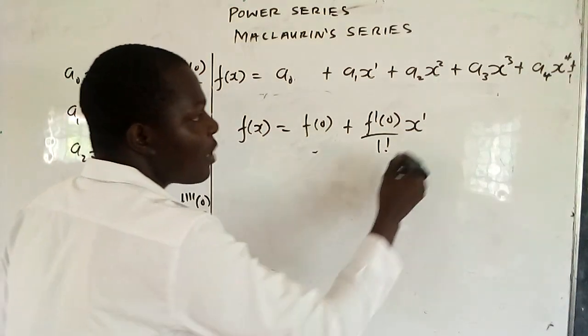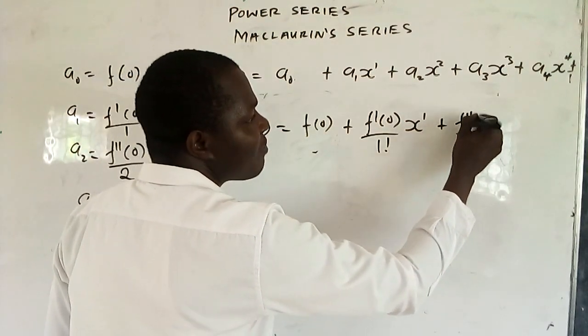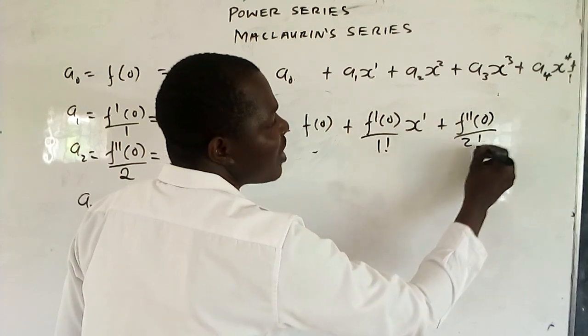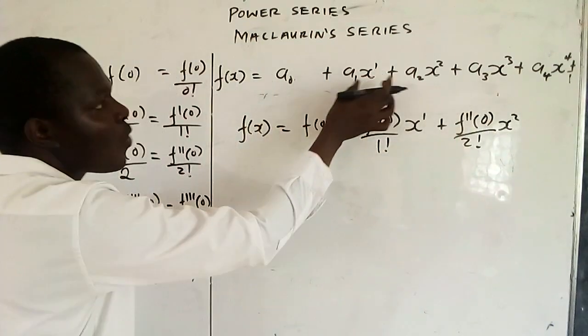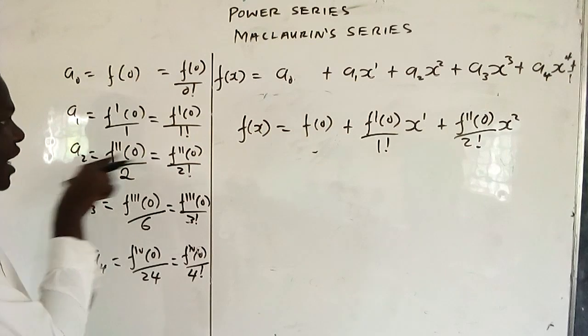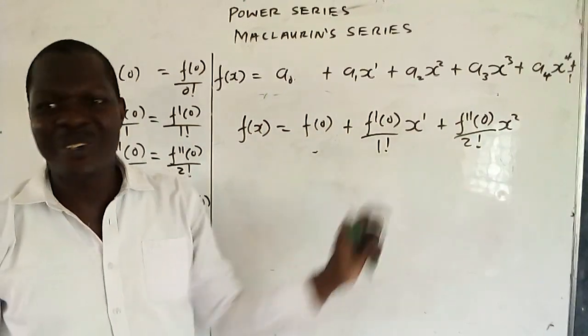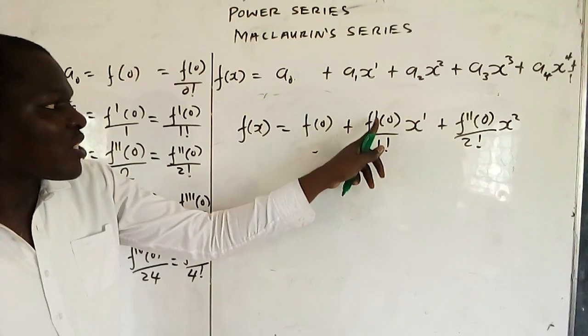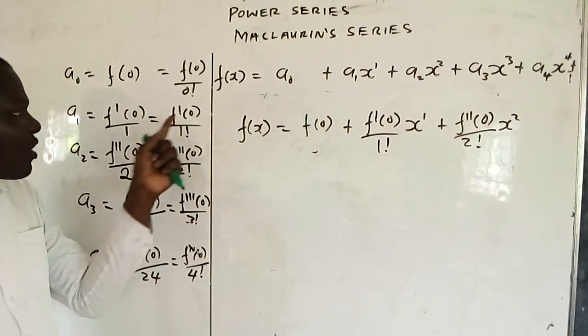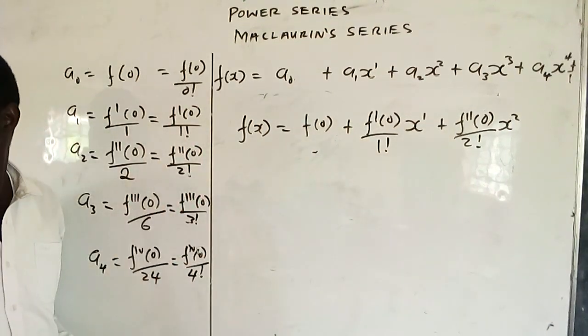Then you move on, then plus, if you have f double prime of 0, it is over 2 factorial x squared, because your A2 was f double prime of 0 over 2 factorial. So where there is A2, you put the value of A2, isn't it? Your A1 was f prime of 0 over 1 factorial. Where there is A1, you put f prime of 0 over 1 factorial, isn't it? See, we are substituting the A's. Yes.